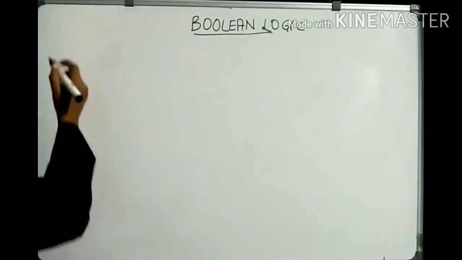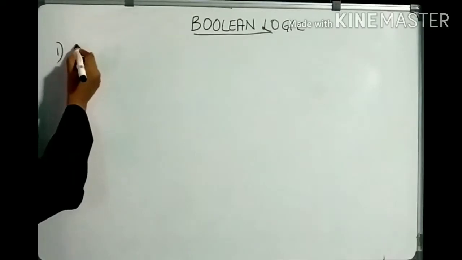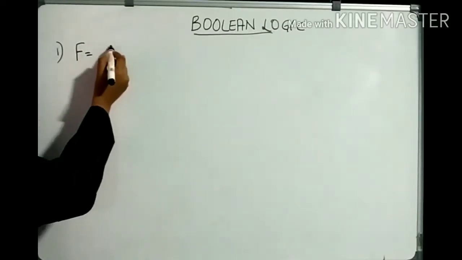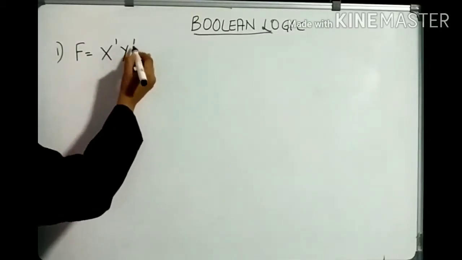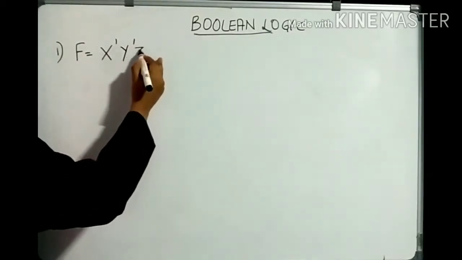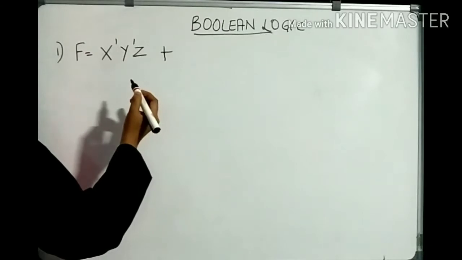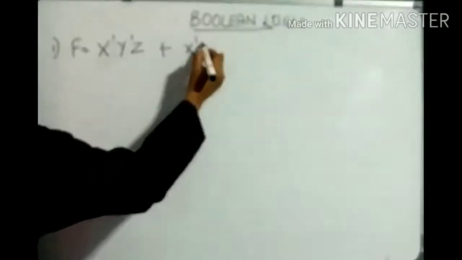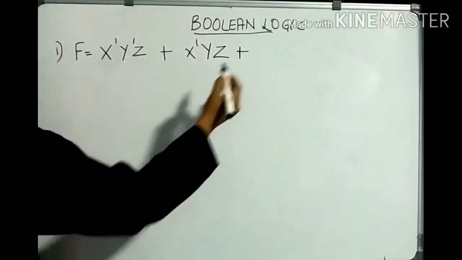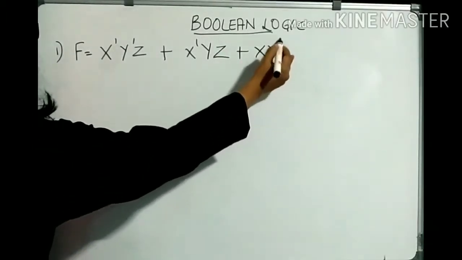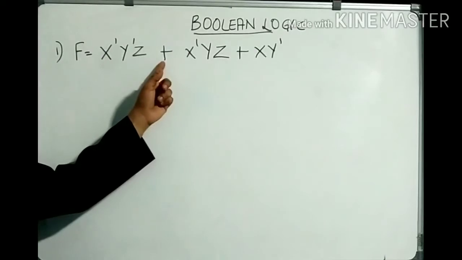Okay. So the first example is f equal to x dash y dash z plus x dash y z plus x y dash. This is an OR operation.